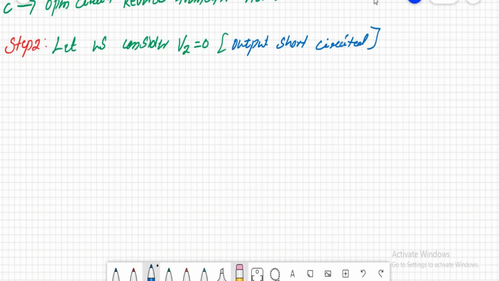So what is the equation? V1 is equal to A V2 plus B into minus I2. I1 is equal to C V2 plus D into minus I2.